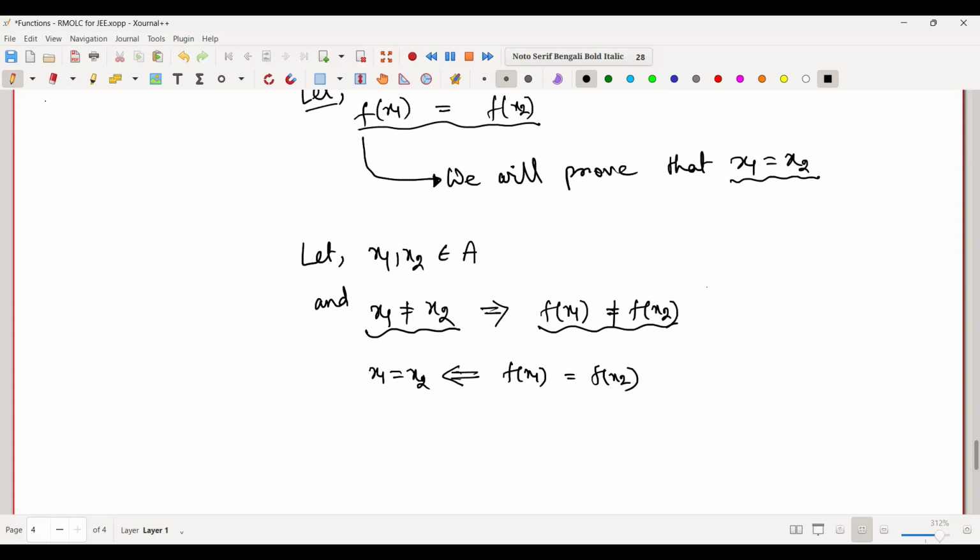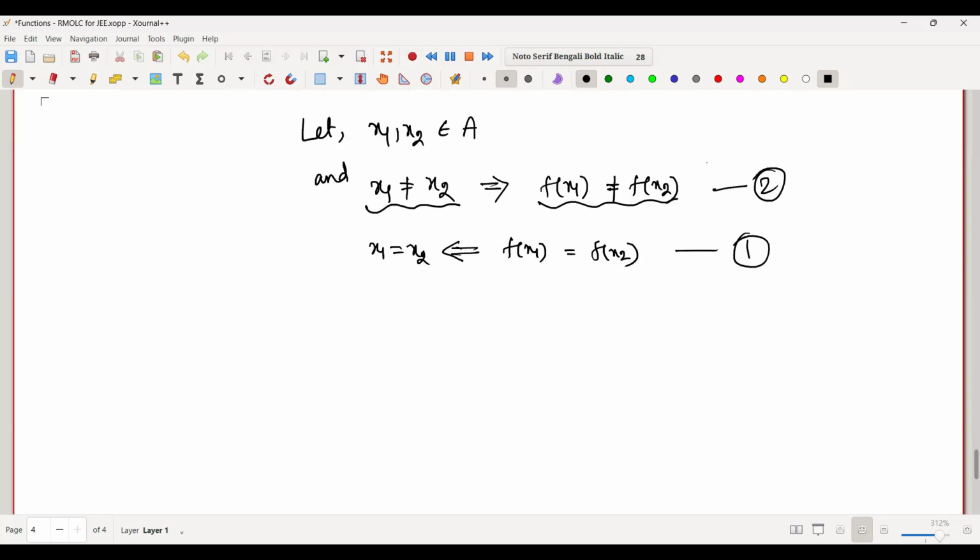This is one case, and this is the second way. So this was the first way and this was the second way. These are two ways to prove a function is 1-1.